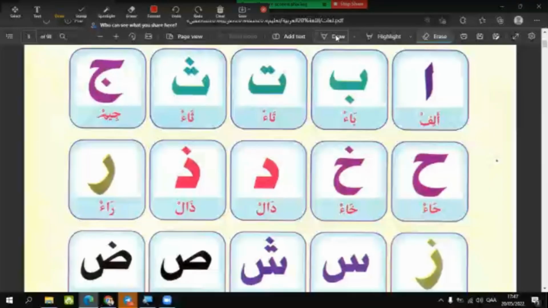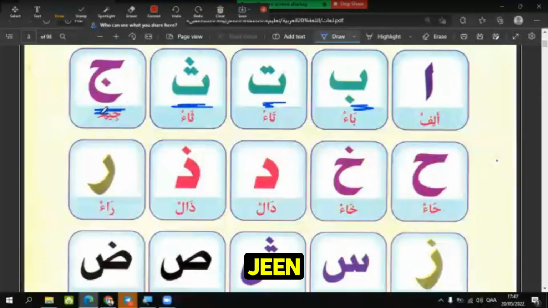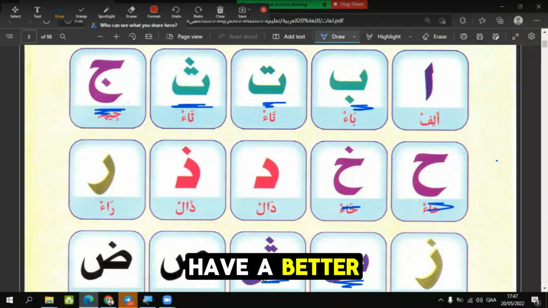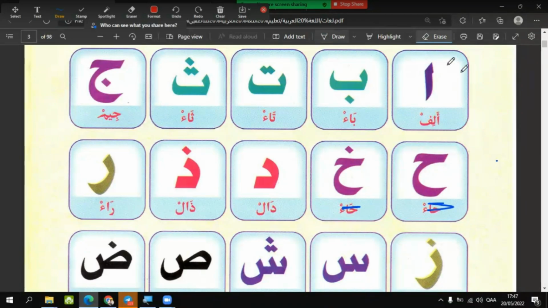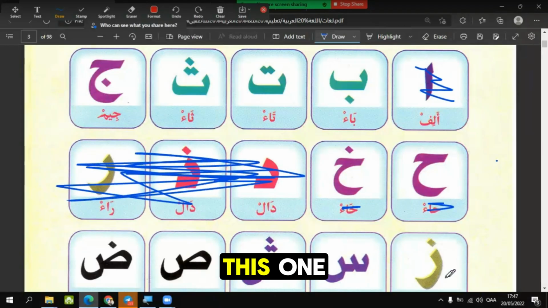You have ba, ta, jeem, ha, kha, seen, sheen. Or I have a better option. I should put a mark on those. Look, this is not with us. These three are not with us. This one also is not with us.